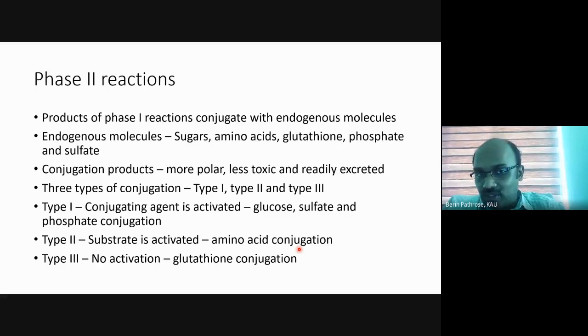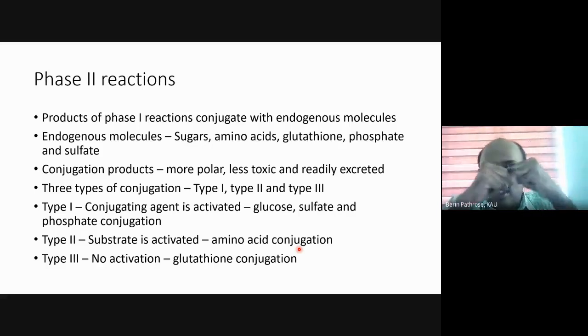So the products of phase 1 reactions will get conjugated with endogenous molecules. Endogenous molecules means molecules present in the insect body itself, such as sugars, amino acids, glutathione, phosphate, and sulfate.